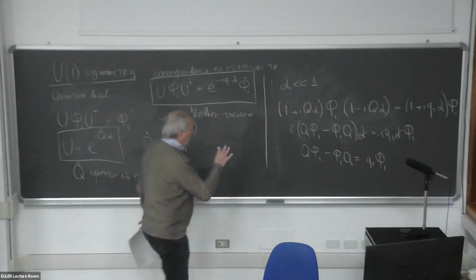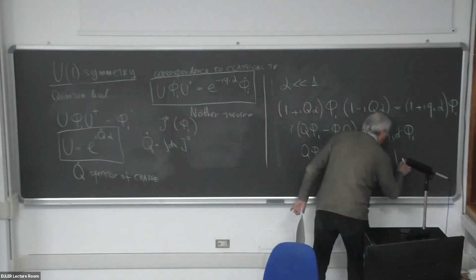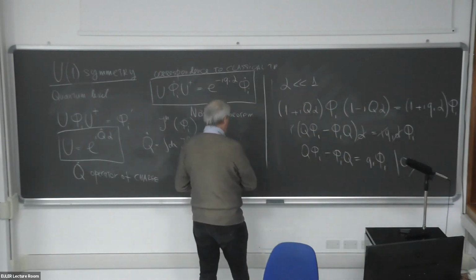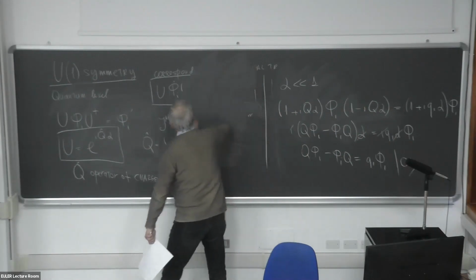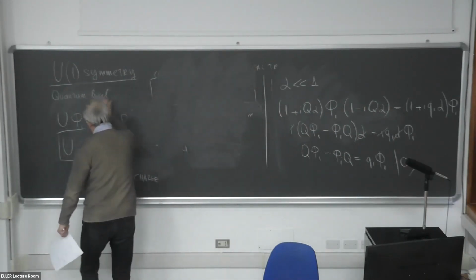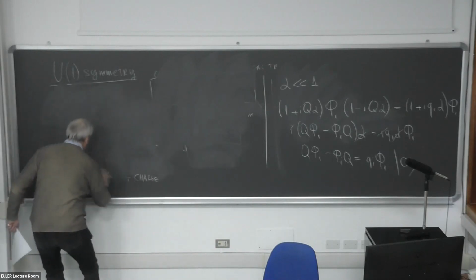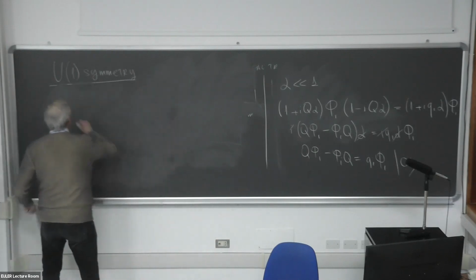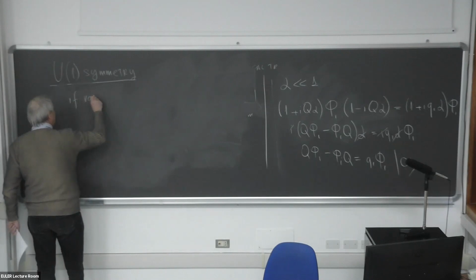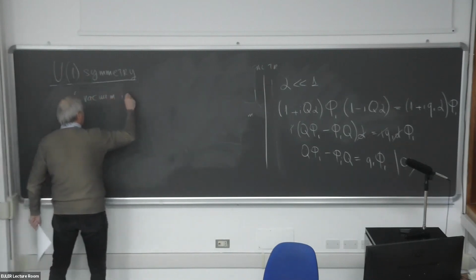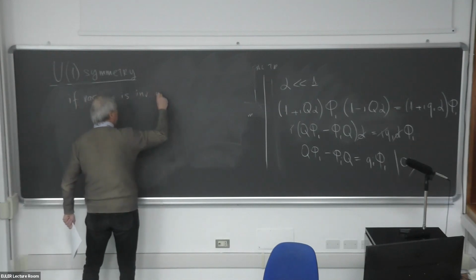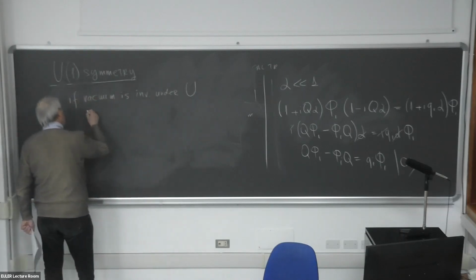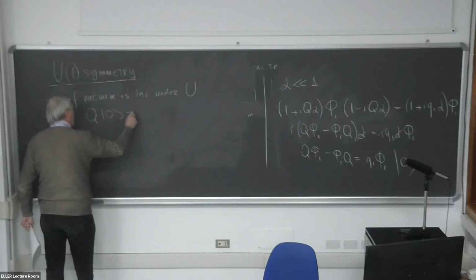Now let me act by this equation on the vacuum state. What I will get is the following. If the vacuum is invariant under this transformation, then Q acting on vacuum gives 0.